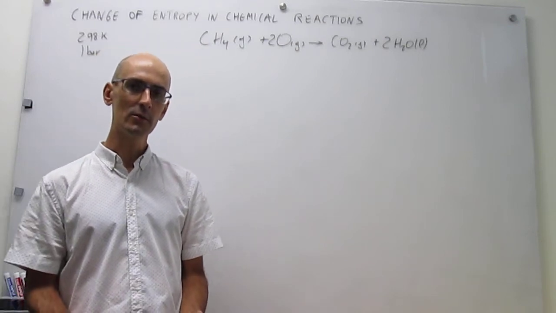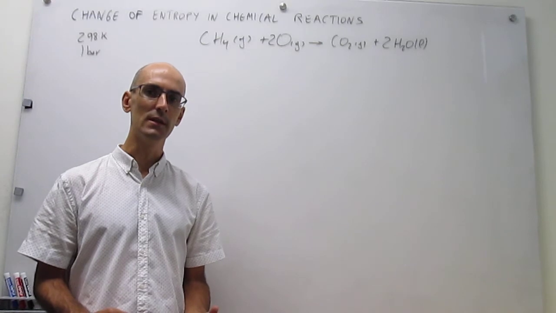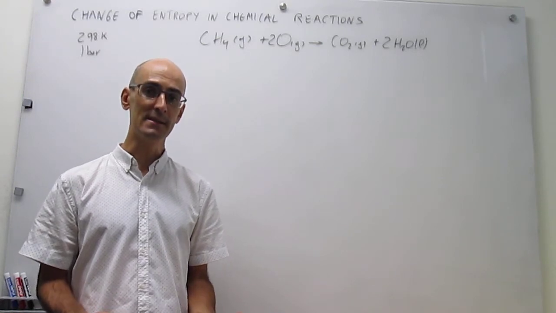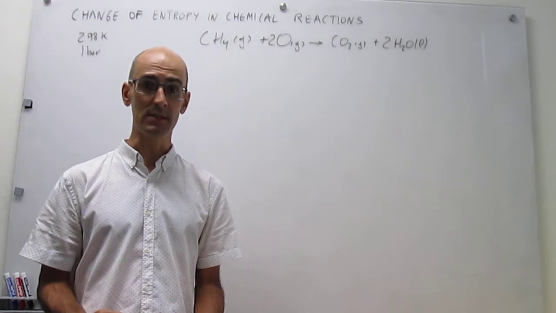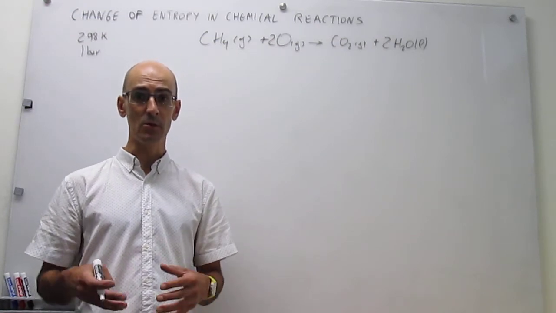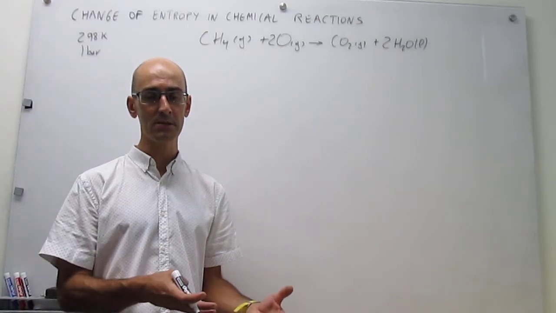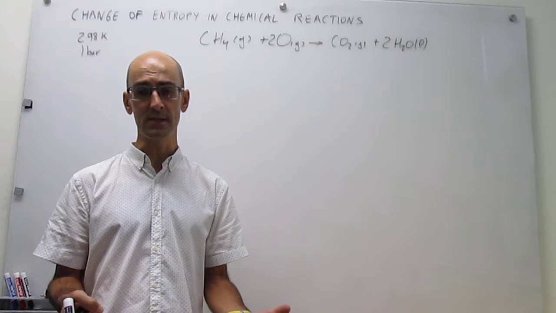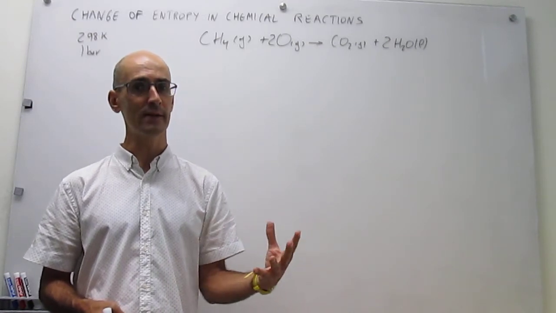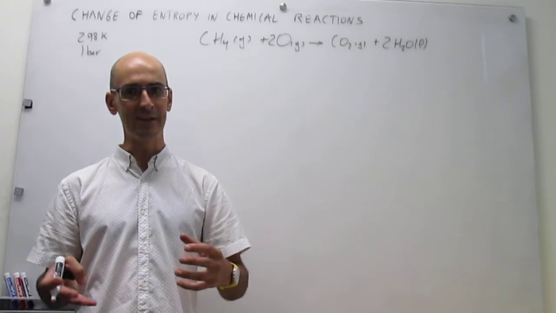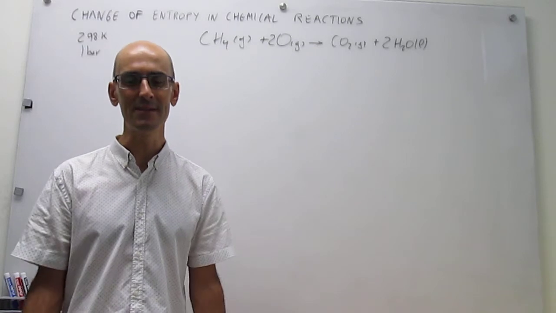Well, to do this calculation, we can leverage the notion that the change in entropy in the system is a function of the state of the system. In this case, the system is a chemical reaction, so the initial state is going to be reagents, the final state is going to be products, and because the change in the entropy is a state function, you only need to know what the entropy of the final state is, and then what the entropy of the initial state is, you take the difference, and that is the change in entropy in the system.